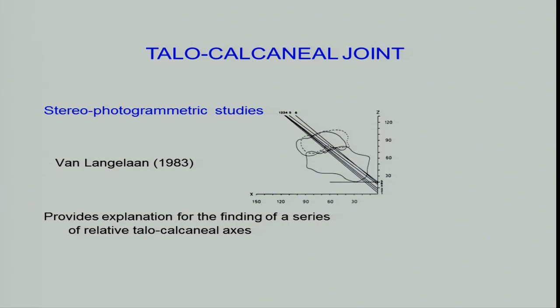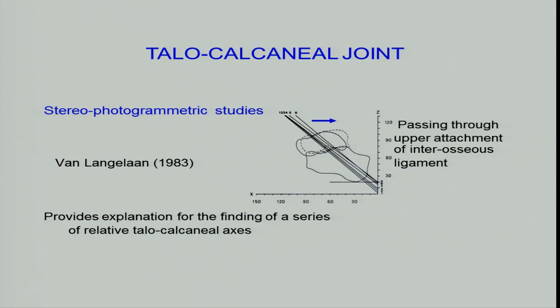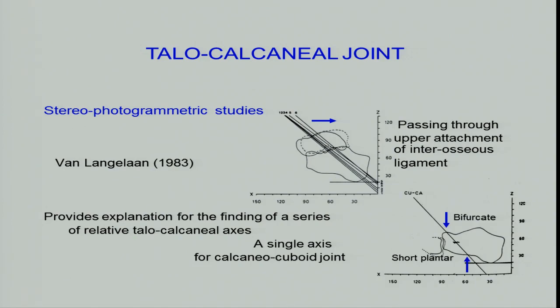So this seems to support Huson's concept that the talus is moving back and it's got a movable axis, a series of axes, and it passes through the upper attachment of the interosseous ligament, as opposed to the calcaneo-cuboid joint, which has one axis by all the calculations that are available in the literature.